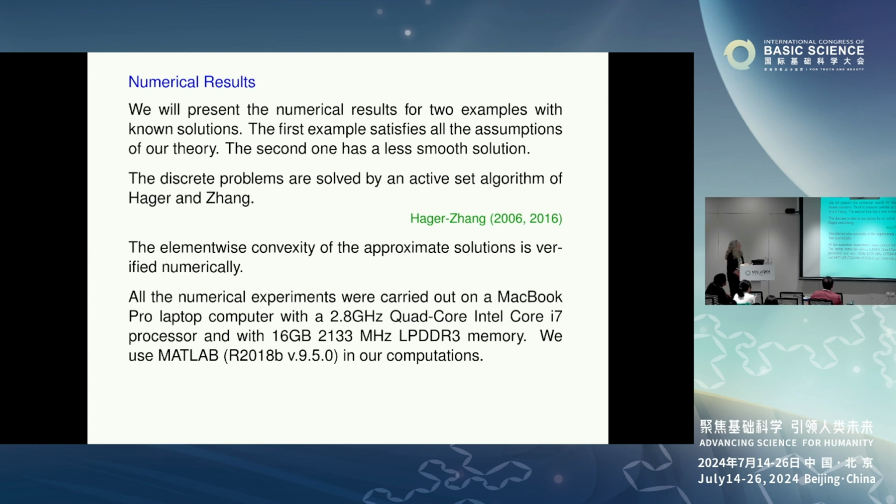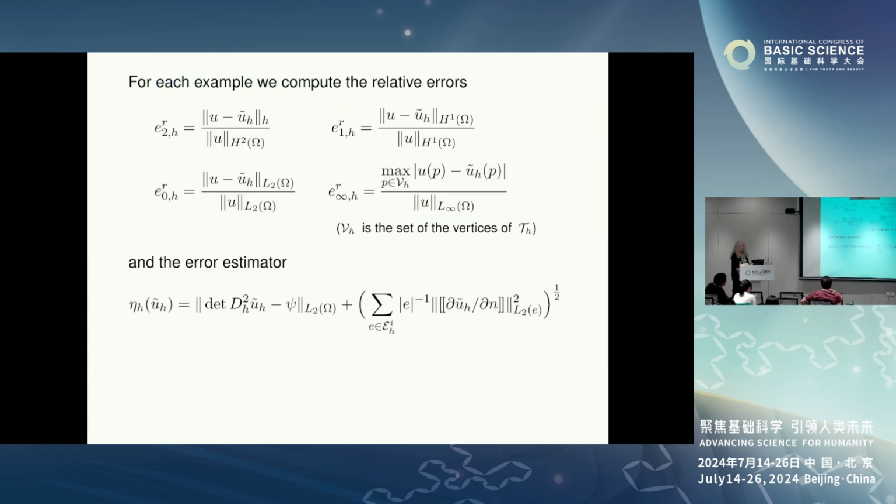And the element-wise convexity of our approximate solutions is verified numerically. For each example, we compute the relative errors in the H norm, in the H1 norm, in the L2 norm, L infinity norm, and using our error estimator.